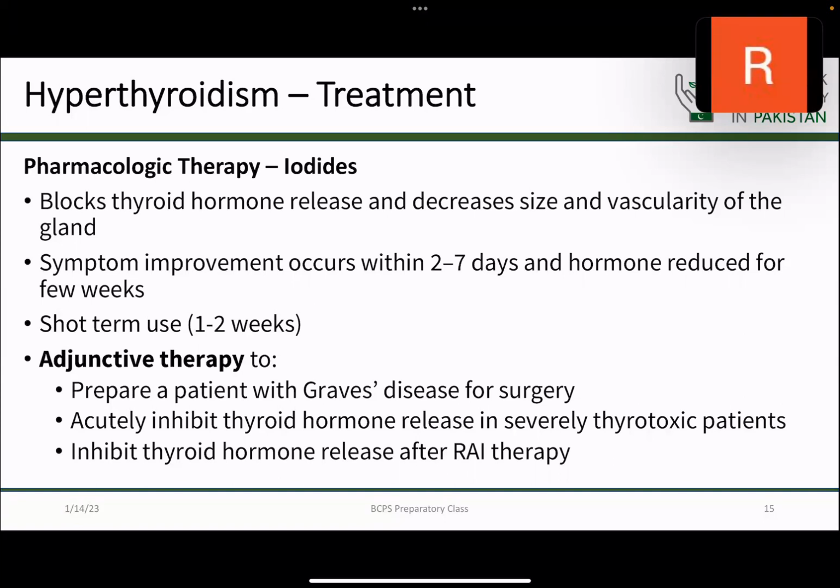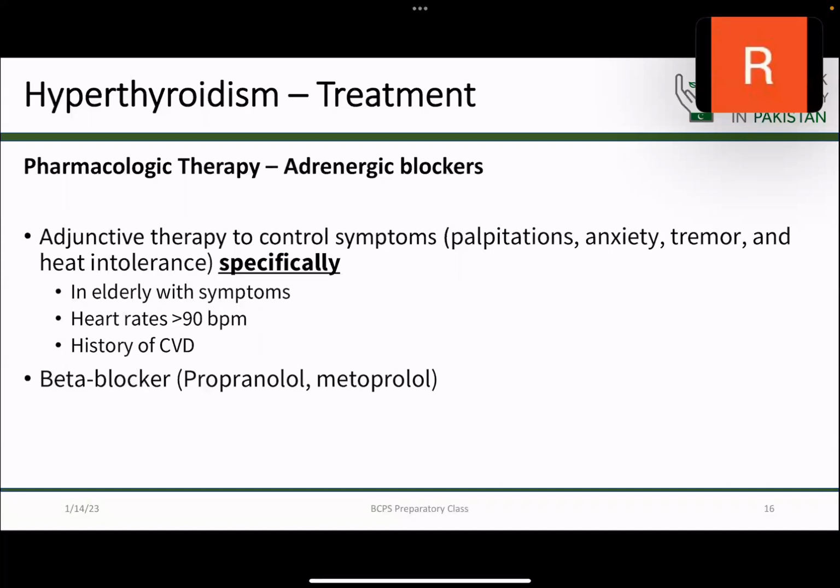After iodides, we come to adrenergic blockers, which are used only for symptomatic relief in hyperthyroid states. They are used as adjunctive therapy to control symptoms. This is important, and this concept has been tested in previous exams: which of the agents is used for controlling the symptoms, which are palpitations, anxiety, tremor, and heat intolerance in hyperthyroid patients.